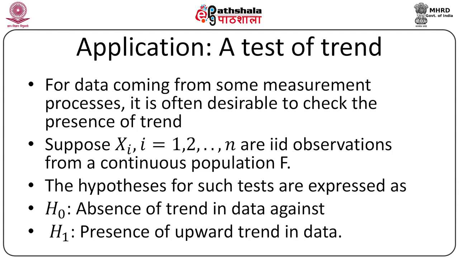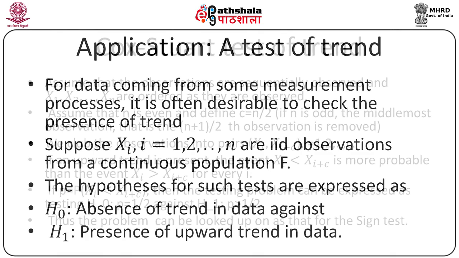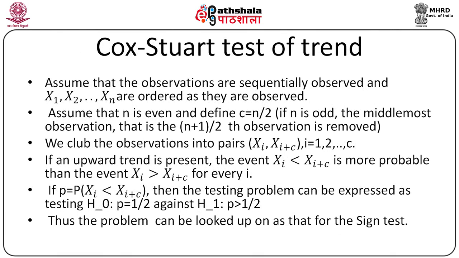Suppose Xi, i from 1 to n are IID observations from a continuous population F. The hypotheses for such tests are expressed as absence of trend in the data against presence of an upward trend. For the Cox-Stewart test of trend, assume that the observations are sequentially observed and X1, X2, ..., Xn are ordered as they are observed.